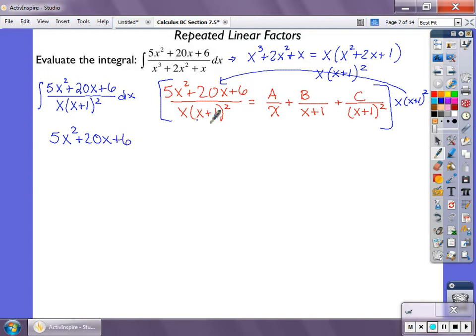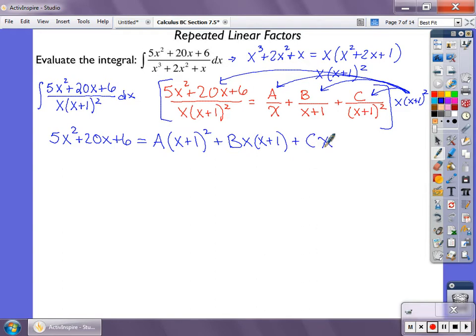Here and here are going to reduce, equals A, then this x and that x reduce. We'll be left with x plus 1 squared. That's from right here. Distribute again, we have plus B. One of the x plus 1 factors reduces, so we're left with x times x plus 1. And then distribute here, the x plus 1 squares reduce, and we're left with C times x.